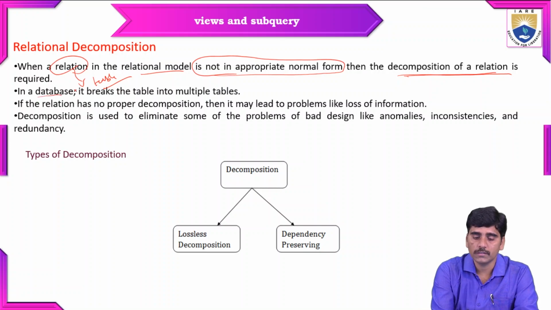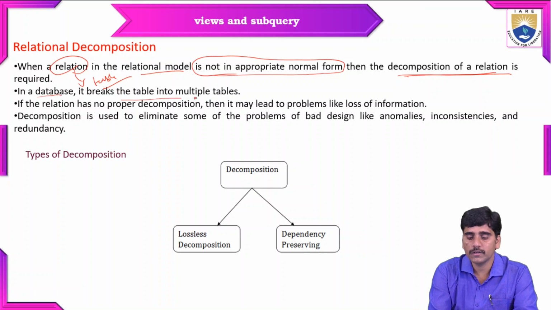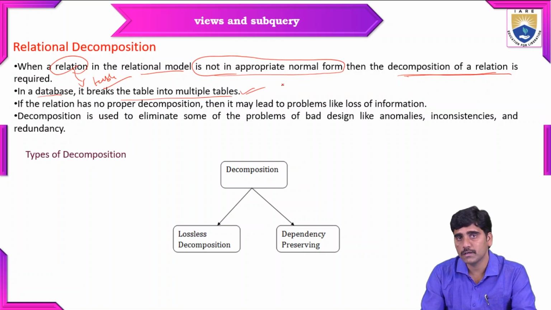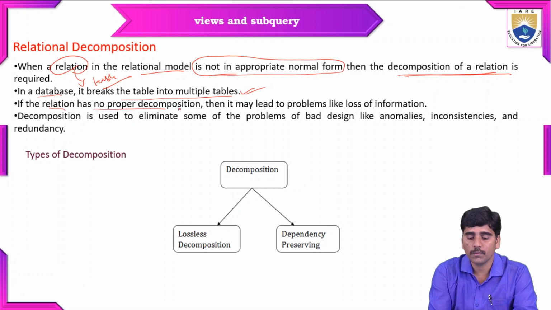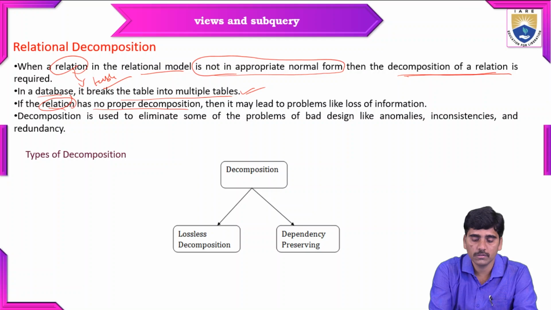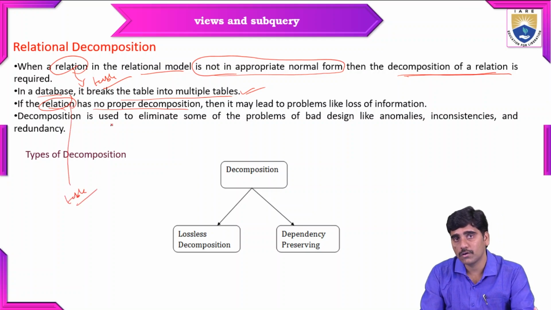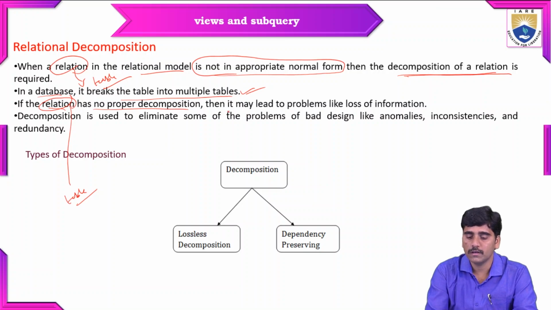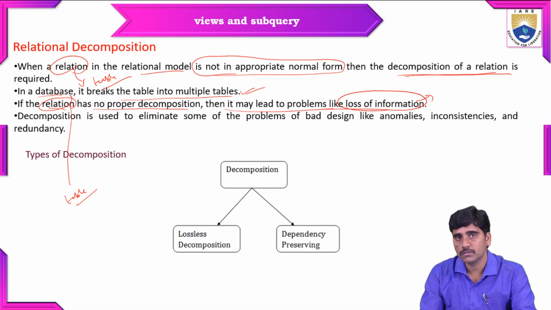So in a database, it breaks the table into multiple tables. If the relation or table has no proper decomposition, then it may lead to problems like loss of information.